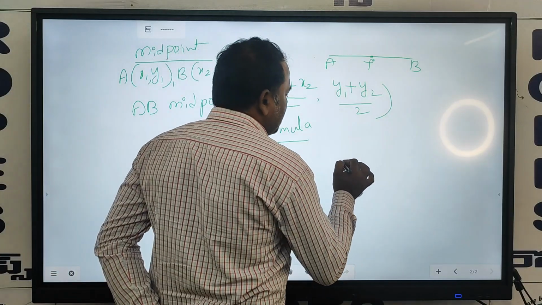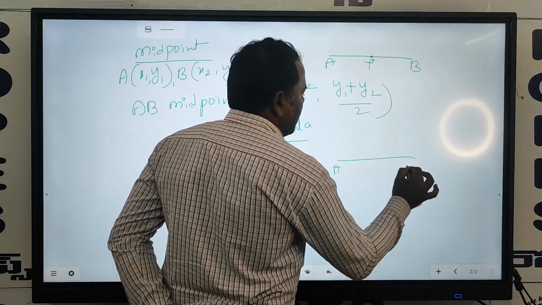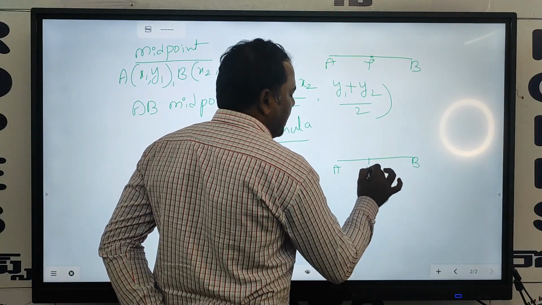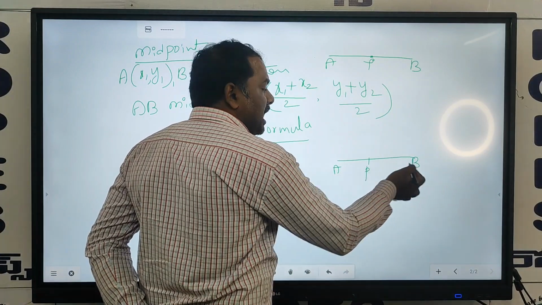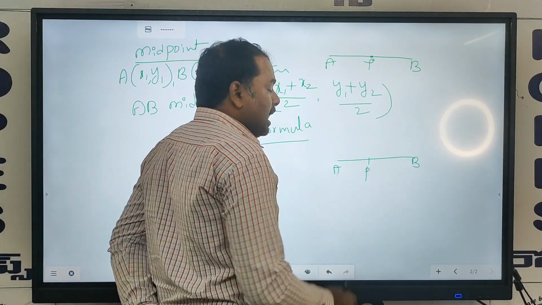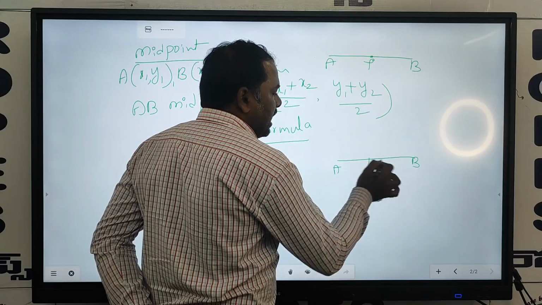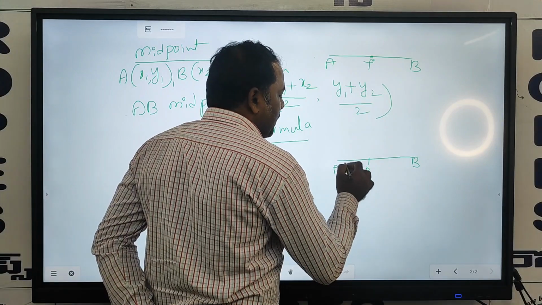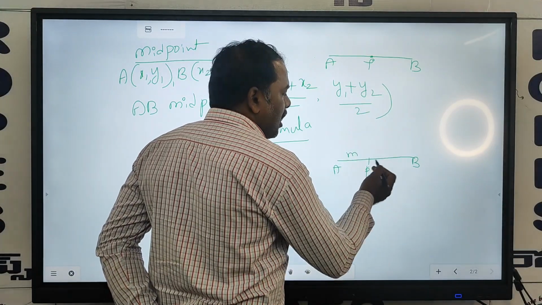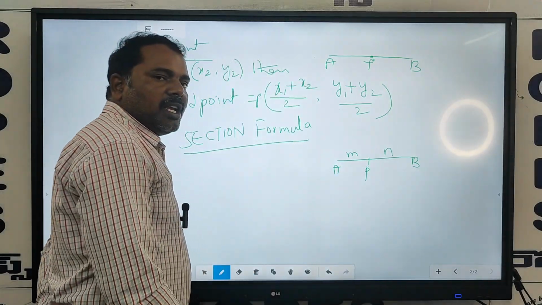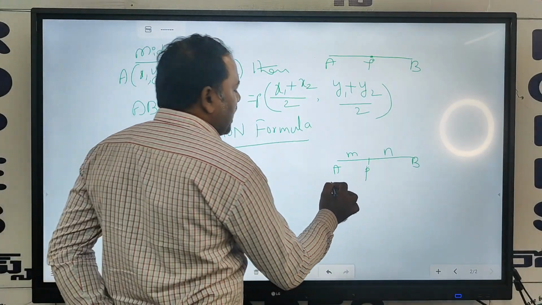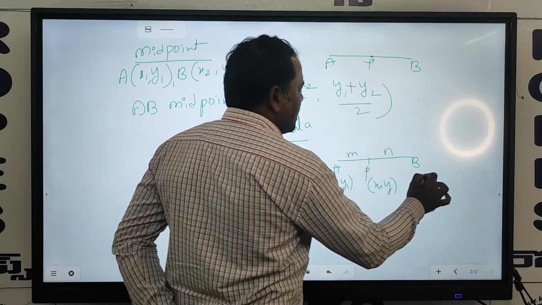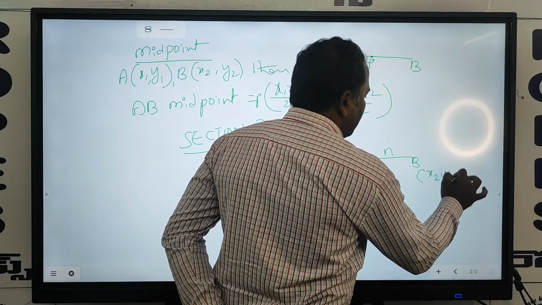Now I will explain simply. If AB is a line segment and P is dividing AB internally, the distance AP is in ratio m, and PB is in ratio n. Then how to find it? A(x1, y1), P(x, y), B(x2, y2).